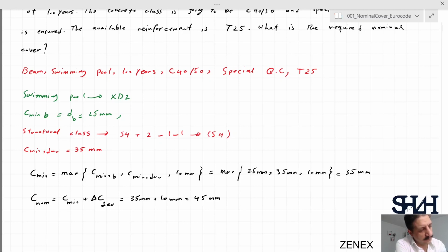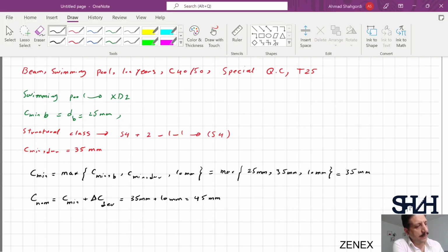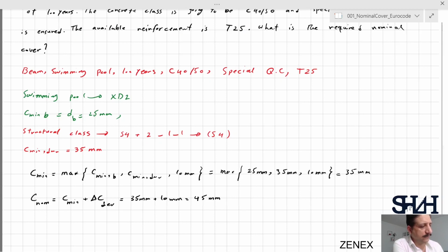Let's say if it is 42.3 millimeter, it is advised to round it to the next 5 millimeter or even the next 10 millimeter. If you calculate this C nominal to be 45 millimeter and you have enough space, then 50 millimeter would be quite fine. Or you can write down that the C nominal in this project for these elements should be taken as 45 millimeter. So let's recap and write down from where we take these values.